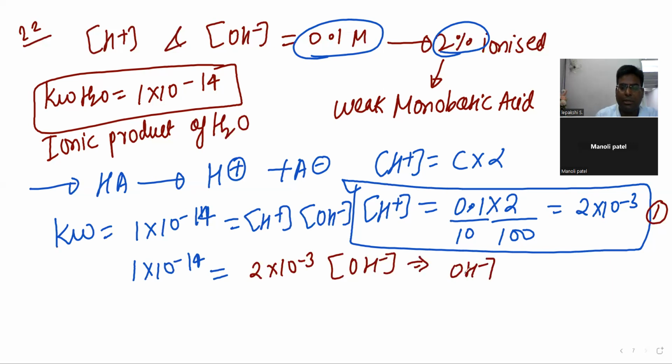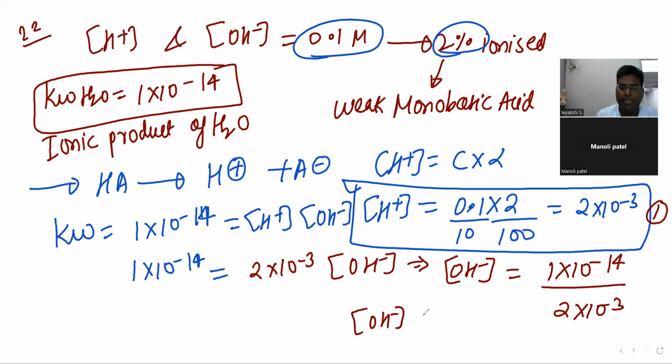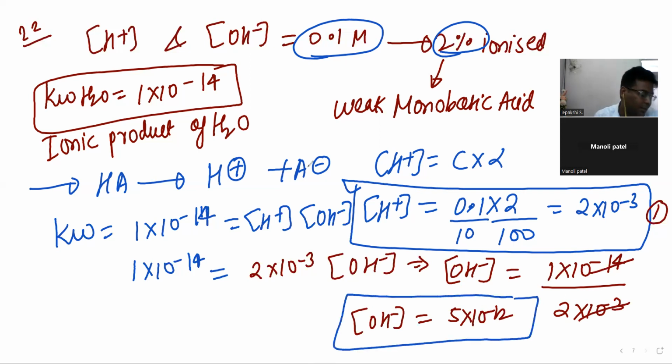So OH minus concentration will be equal to 1 into 10 raised to minus 14 divided by 2 into 10 raised to minus 3. How much is it? It is 5 into 10 raised to minus 12. So the answer you have got for OH minus concentration is 5 into 10 raised to minus 12, and its unit will be molarity.